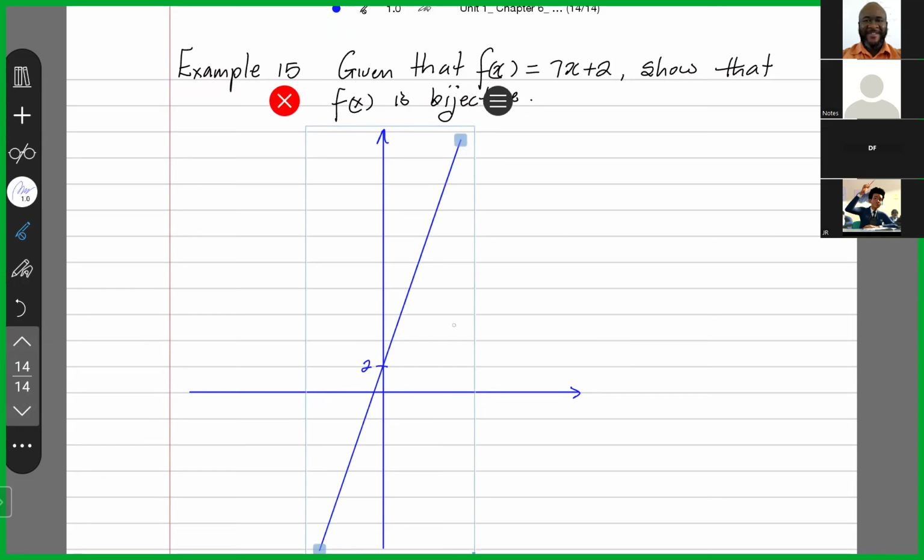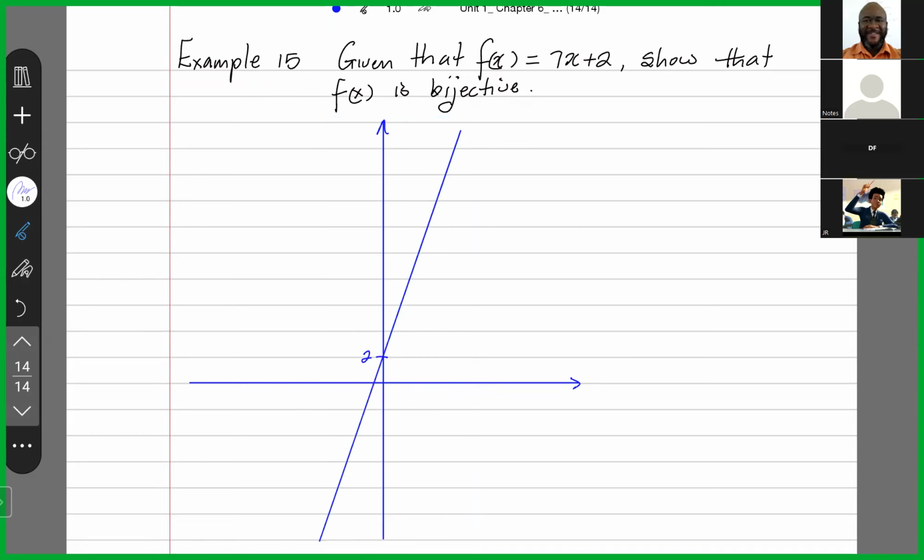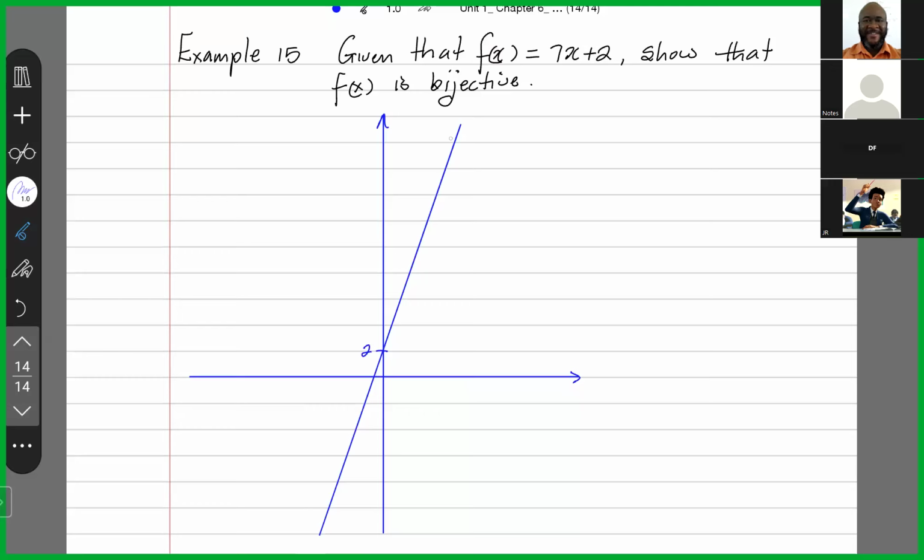Therefore, from left to right, the line slopes up. This is the y-axis, this is the x-axis, this is the origin. This is a graph of f of x is equal to 7x plus 2.